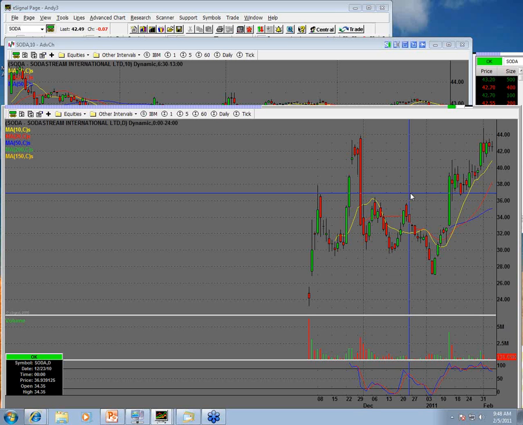Whether or not it follows through, you just have to wait for the stock to open and find out. Let's say a stock's up 5 or 6% and closes on highs, and the next day it gaps up 7%. I might be selling half right on the open and just take that as a gift, maybe even all of it, depending. But the point is, if you do get that gap up, don't get too greedy.